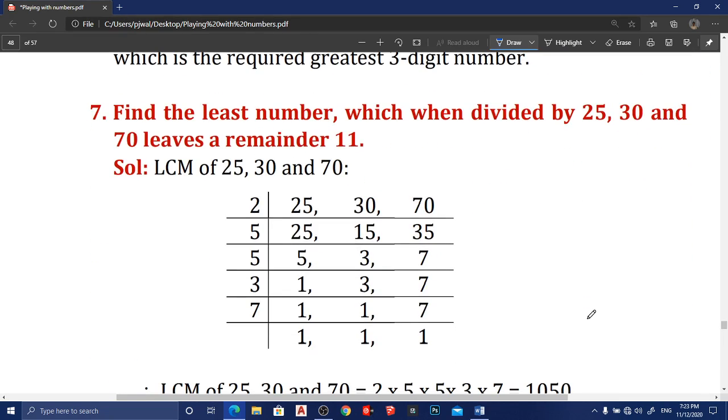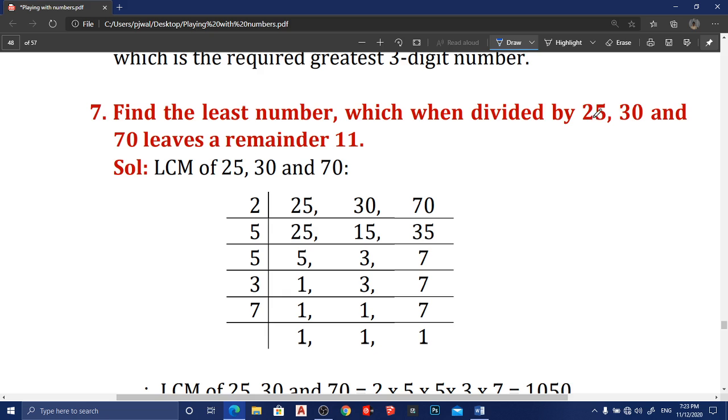Next, the seventh one: find the least number which when divided by 25, 30 and 70 leaves a remainder 11. The least number which when divided by these three numbers leaves remainder 11 is related to a common multiple of these three numbers.